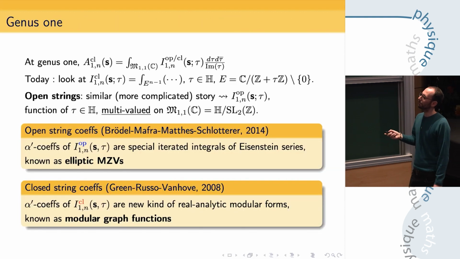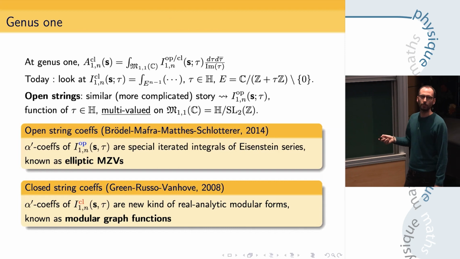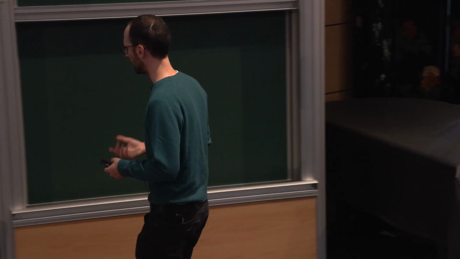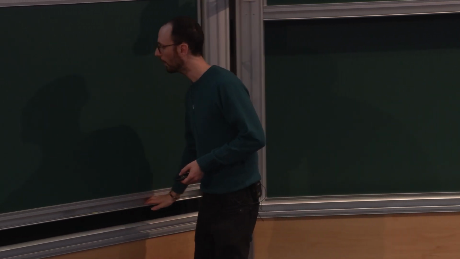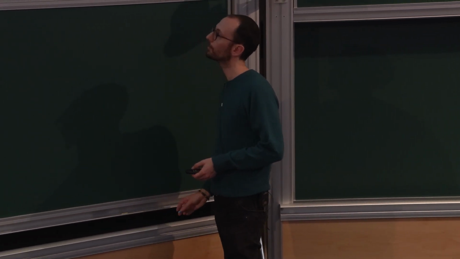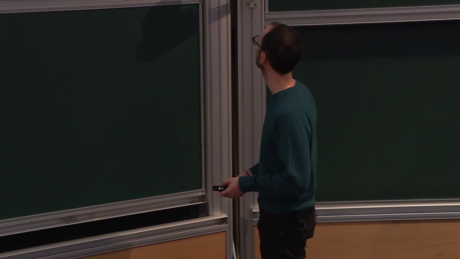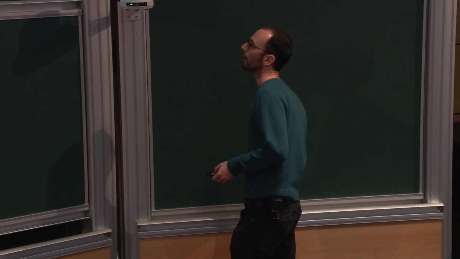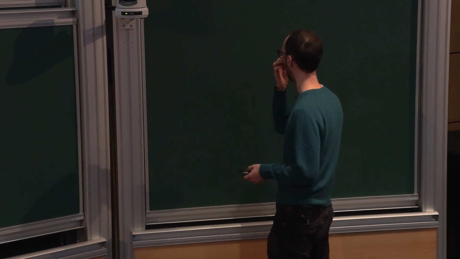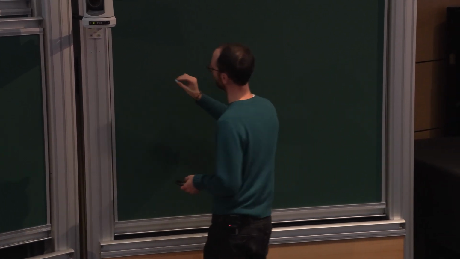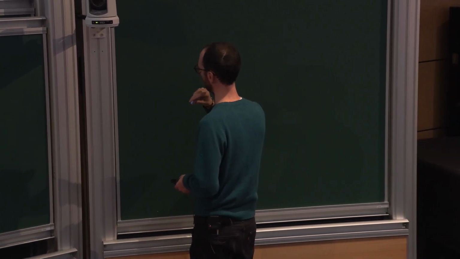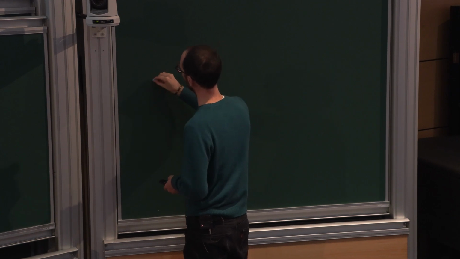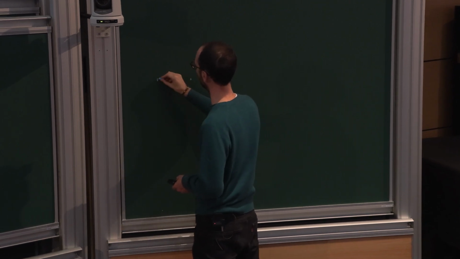And where does this word graph come from, what does it relate to? Yeah, so there is a graphical way to think of them. These are integrals. Let me give an example of a modular graph function.